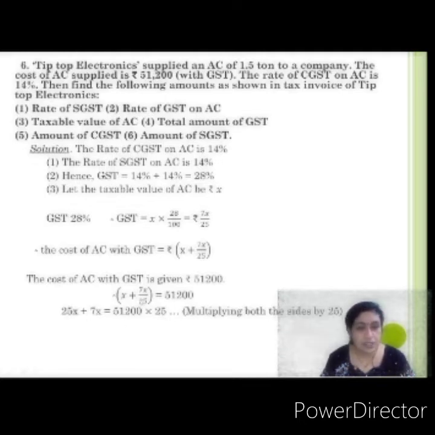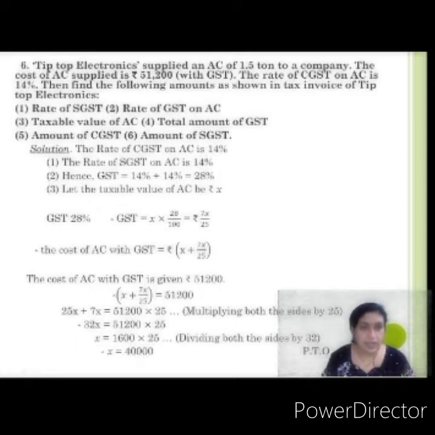After calculations, I am taking 25x here, just like the previous example. Now 25 plus 7 gives you 32x. So you calculate x, x is 40,000. X is the taxable value. So you have calculated the taxable value, okay.